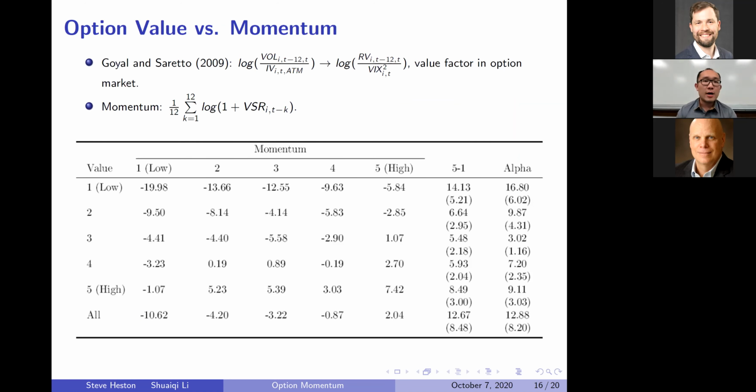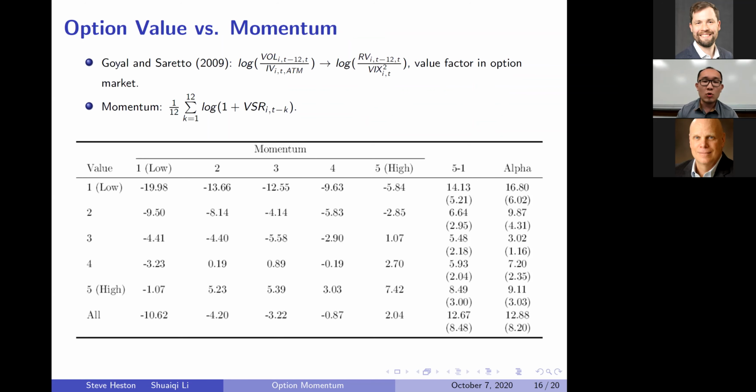Next, we want to check if the momentum could be explained by other option return predictors documented in previous literature. We start with Goyal and Saretto 2009. In that paper, they find the log difference between historical volatility and implied volatility positively predicts cross-sectional option return.